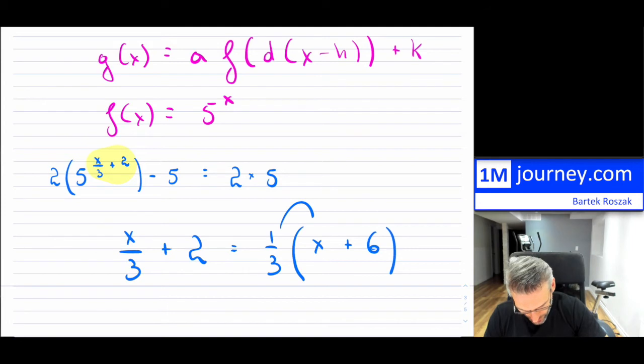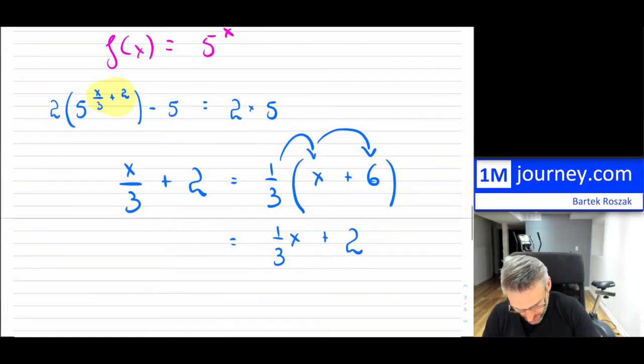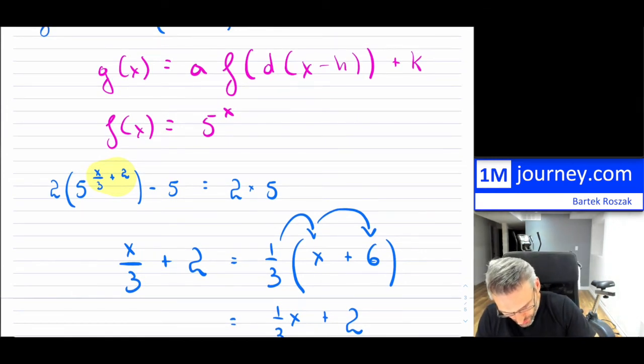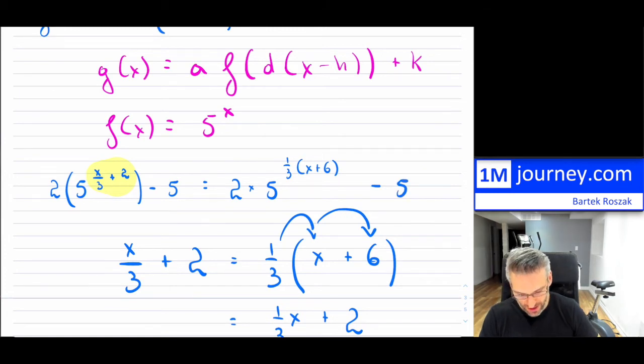Because if you distribute this back inside, you would get 1 over 3x plus 6 times 1 over 3, which is 2, which indeed is equal to x over 3 plus 2 originally. So that's what we have here in the denominator. So this is 1 over 3 x plus 6, and now the k is just -5.